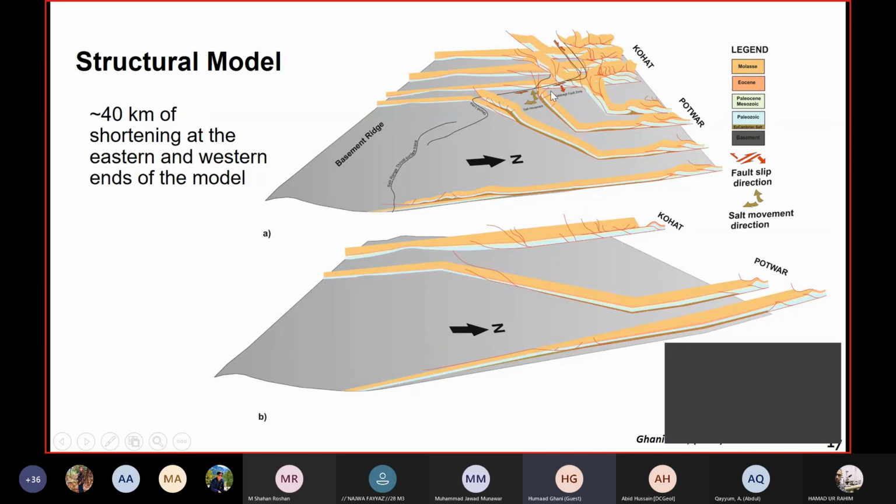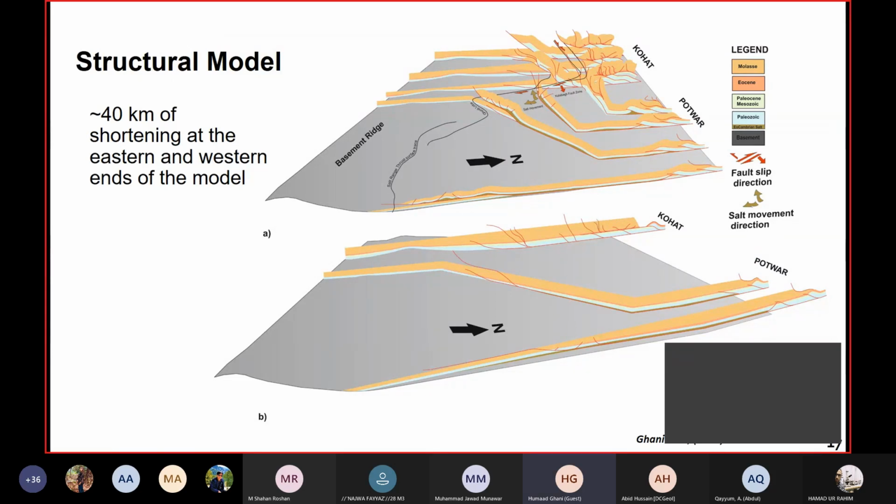So my understanding of the Kalabagh fault is that the main strand of the Kalabagh fault is acting more as a normal fault instead of a thrust fault in this region. When you restore the cross section, you see that on both ends of this structural style, about 40 kilometers of shortening is accommodated.